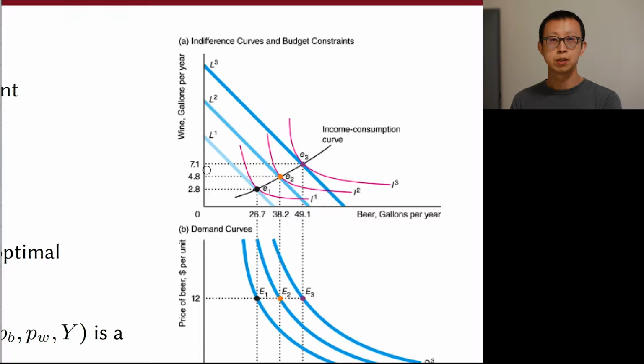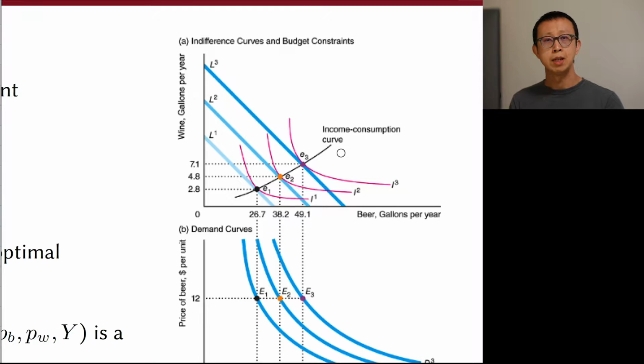Under each budget constraint, the optimal consumption bundle is different at E1 and then E2 and then E3. As the income expands, the optimal consumption bundle moves up to higher and higher indifference curves, from I1 to I2 and then to I3.